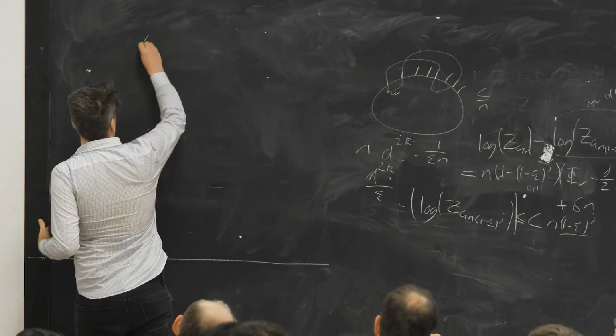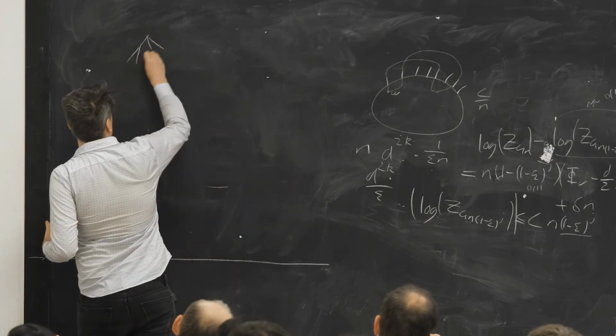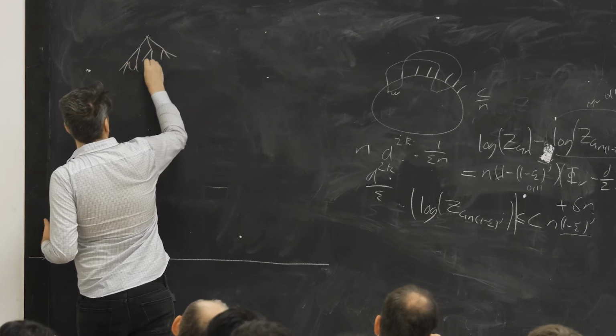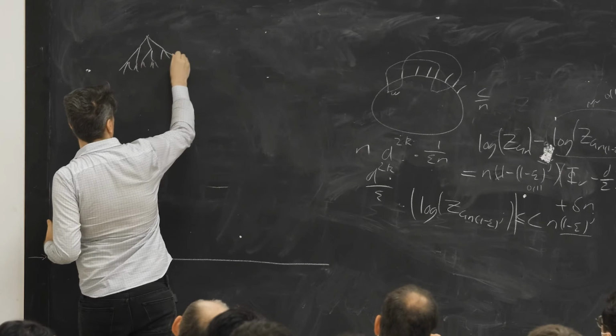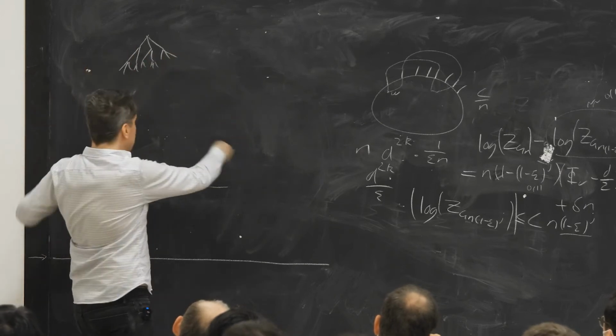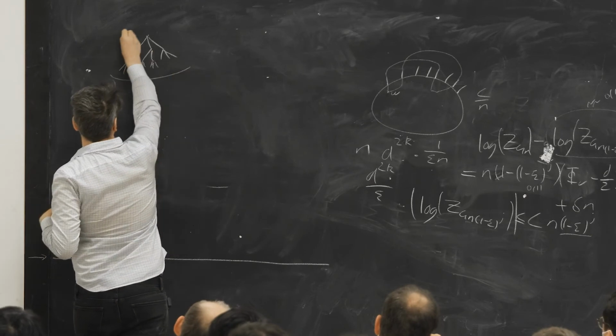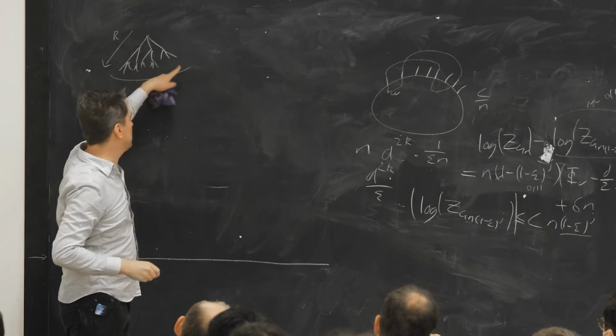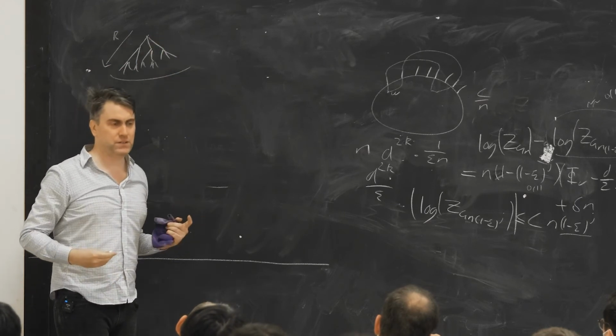In particular, I could have a very high degree local neighborhood, and if my graph branches out a lot locally, then it may not be that a depth R neighborhood doesn't affect the root very much.